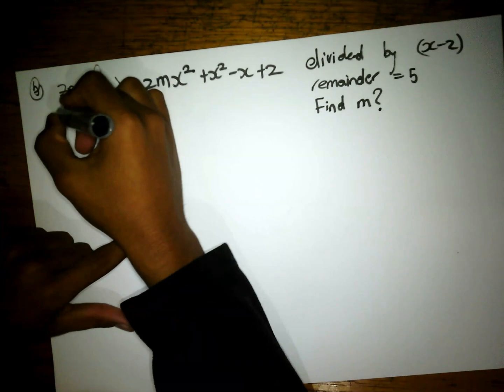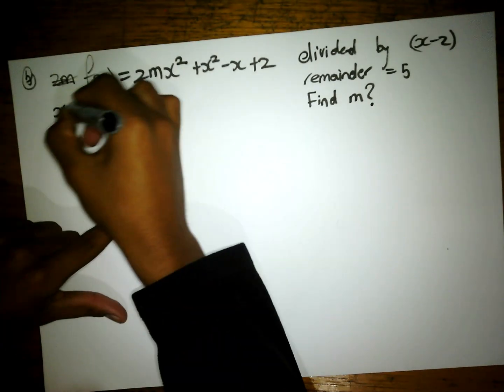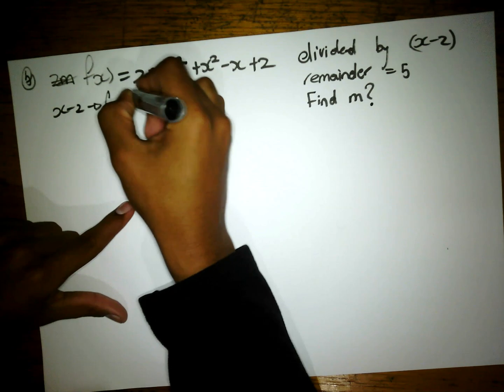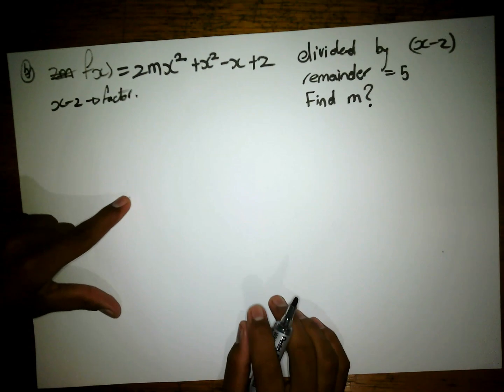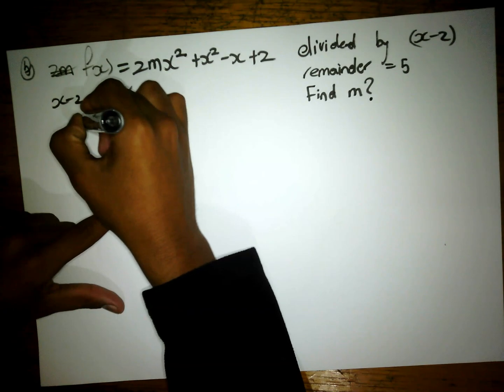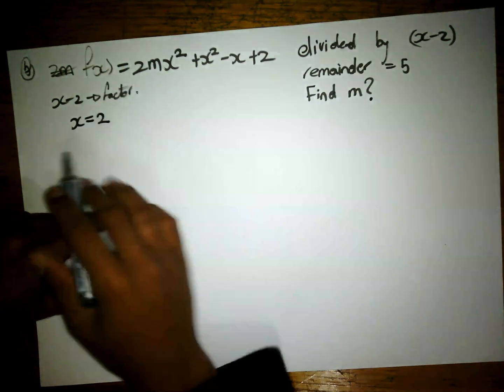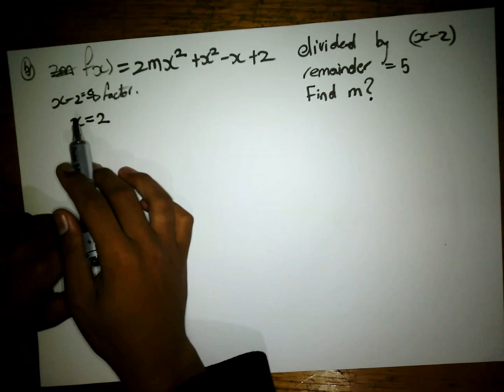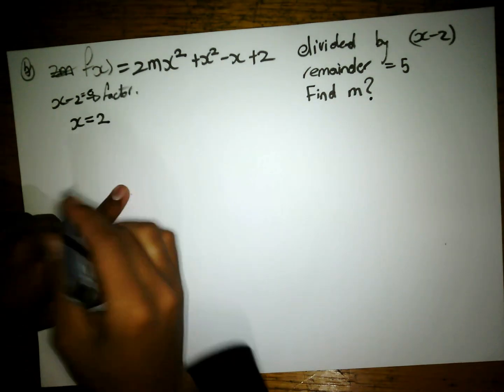So our factor is x minus 2, and our x value is 2. Basically you say x minus 2 equal to 0, then you bring the 2 over to get your x value.